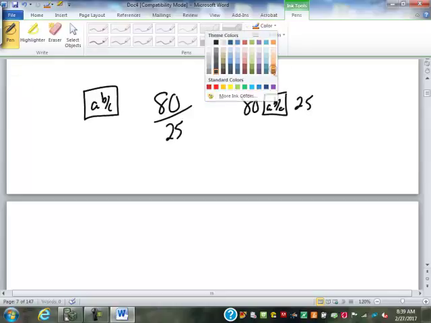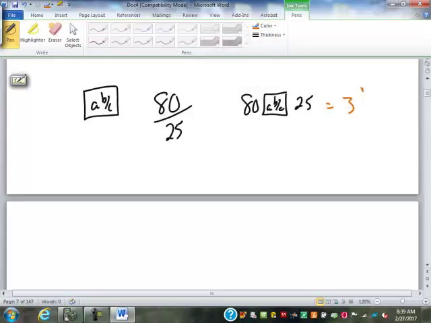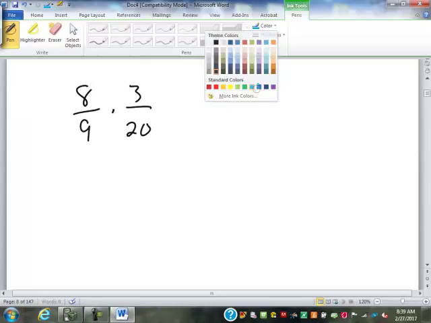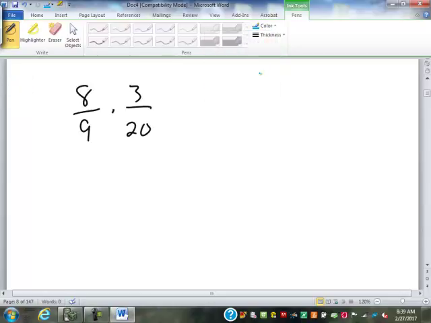And it's going to spit out 3 1/5. So not only can you enter the fractions in the calculator, but it will automatically not only reduce it, but split it into a mixed number for you. So if you wanted to do these multiplications, let's say we have 8/9 times 3/20, you could enter those fractions into your calculator.